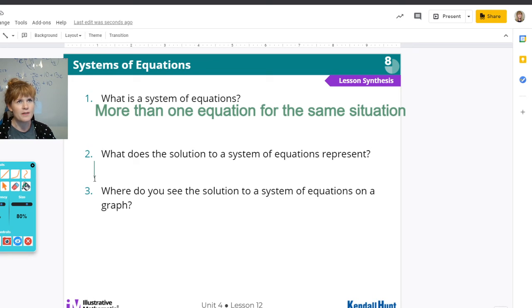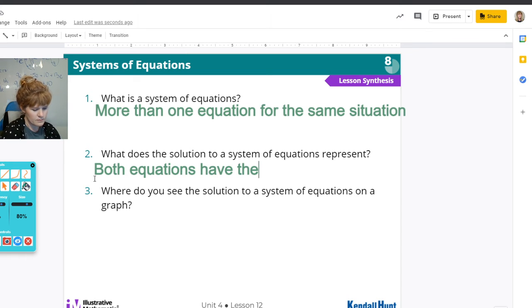It's when the values of the equations are equal. So looking at the graph, when those two lines intersect, that is the solution to the system of equations. That is when both equations have the same value. Go ahead and write that down in your notes, when both equations have the same value.